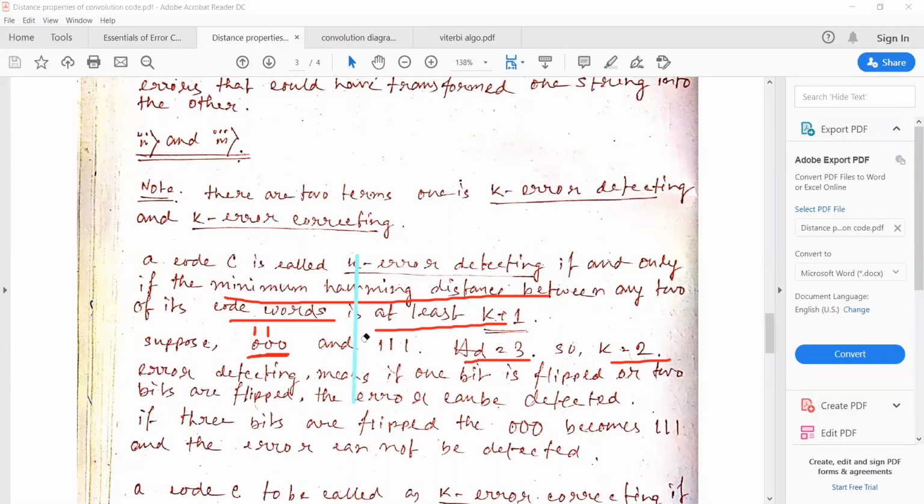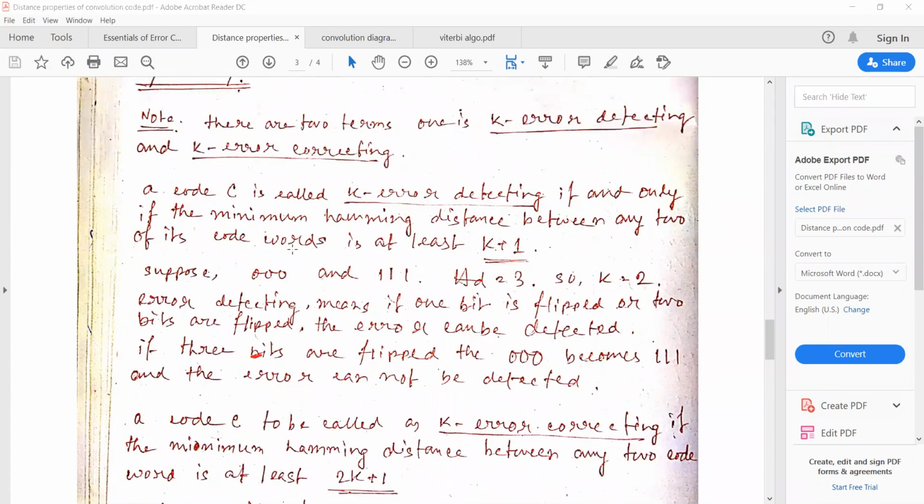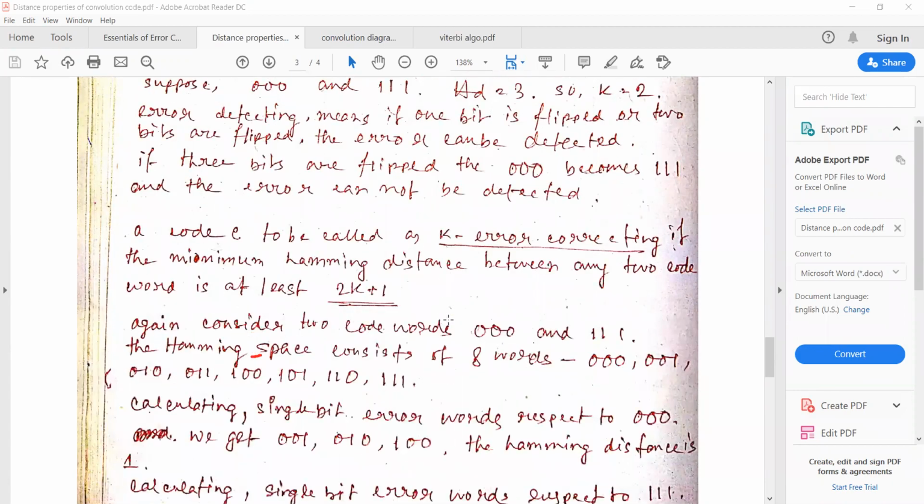Now, in the second case, I'm considering k error correcting. So first, k error detecting is when the Hamming distance is at least k plus 1. And for k error correcting, the minimum Hamming distance between two code words will be at least 2k plus 1.